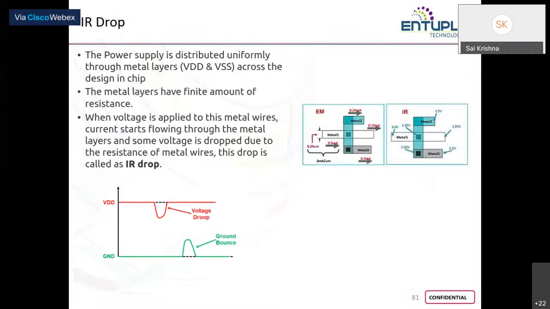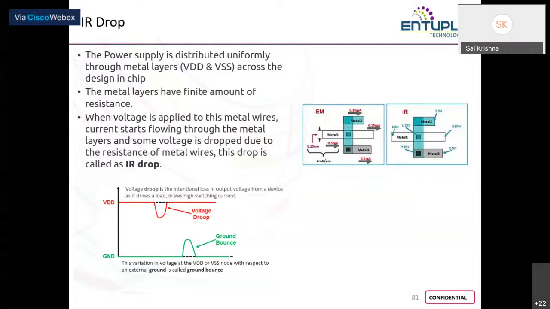So the first one is IR drop. IR drop in simple terms is nothing but a drop or fluctuation in your voltage at any given standard cell. Once you place your design and route it, in our power planning we were supplying all this power through a mesh, and this mesh connected down to a series of rails.